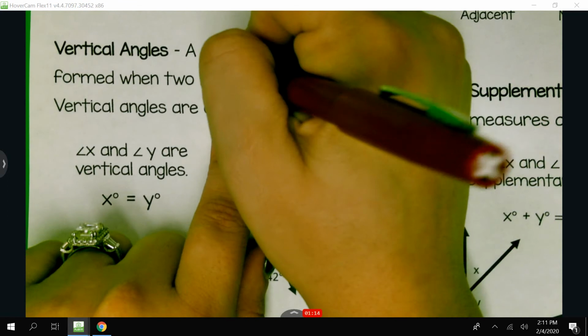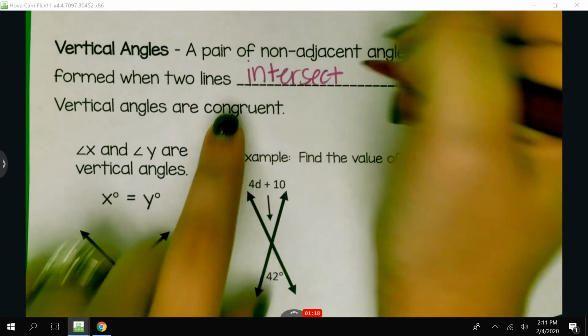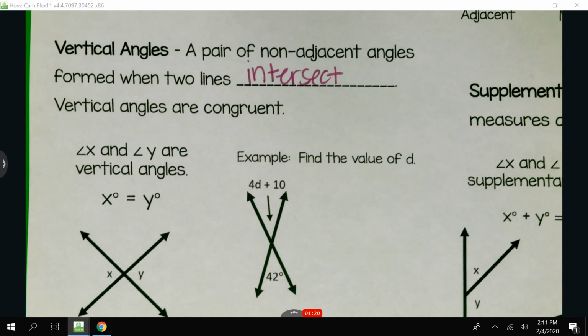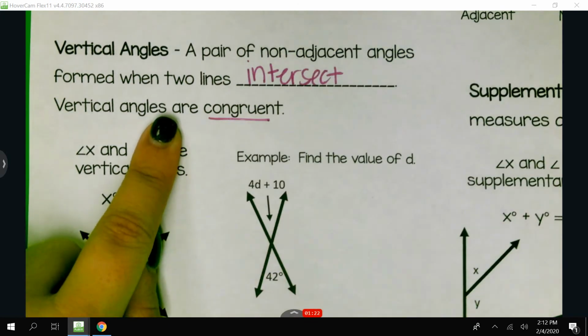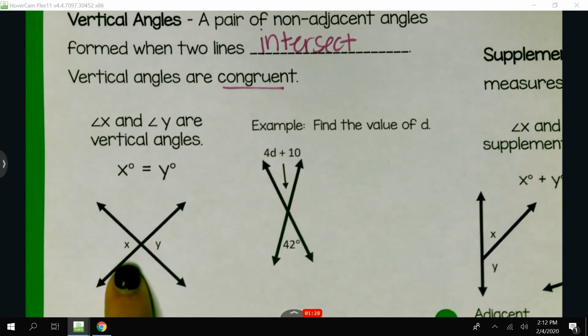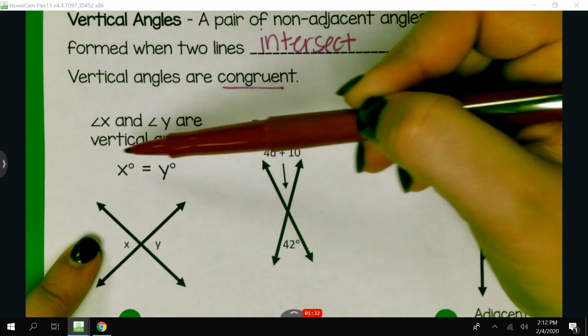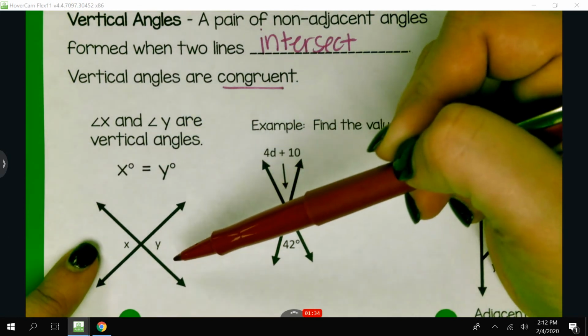When two lines intersect, we know that those vertical angles are congruent, meaning that they have the same value. So you've got an example of two intersecting lines. You've got angle X and angle Y, and they tell me that X equals Y because they are vertical.